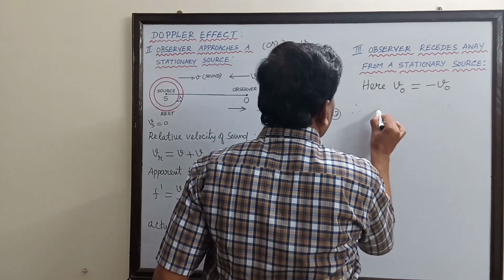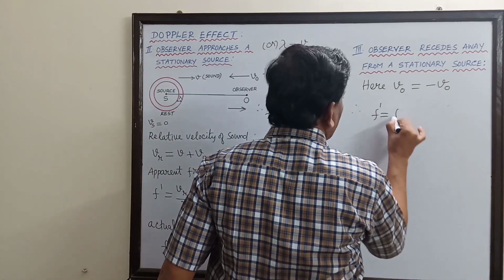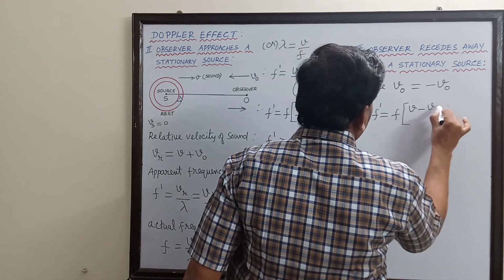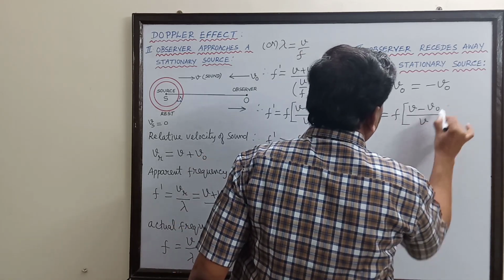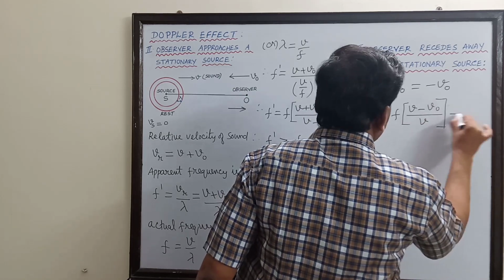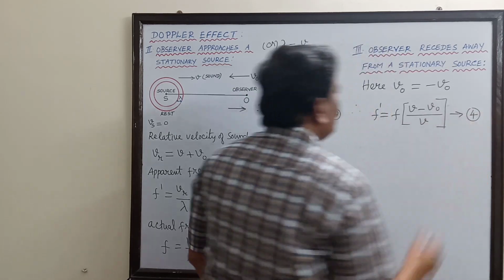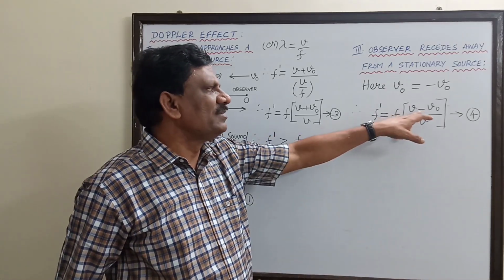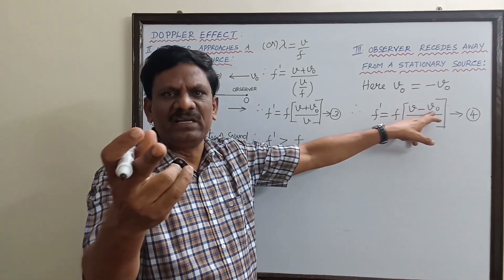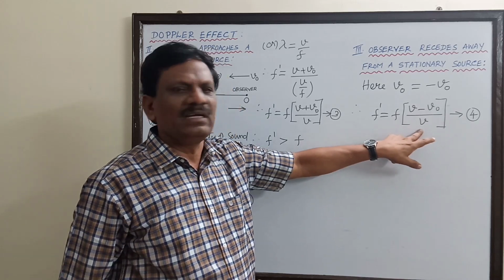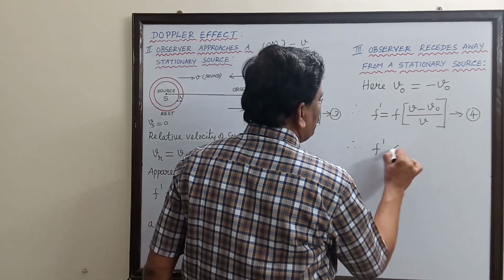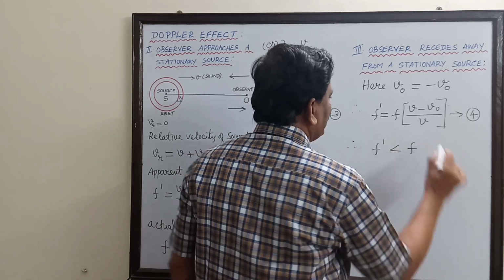Therefore, here the apparent frequency f dash must be equal to f into (V minus VO) divided by V, and this is equation 4. So you can see very clearly the numerator V minus VO must be definitely less than V, isn't it? Therefore, f dash must be less than f.